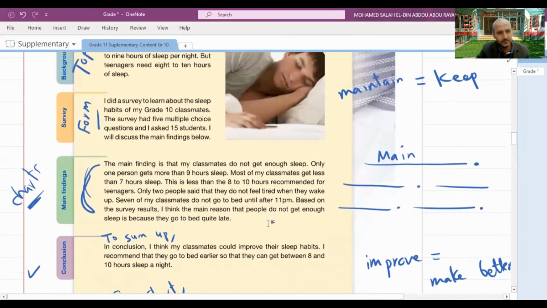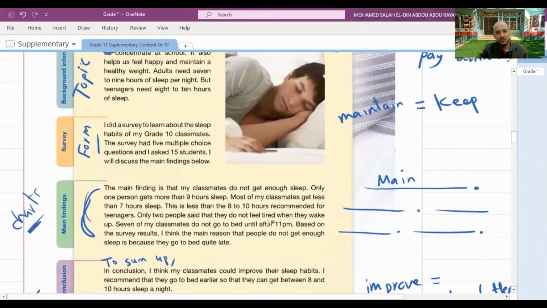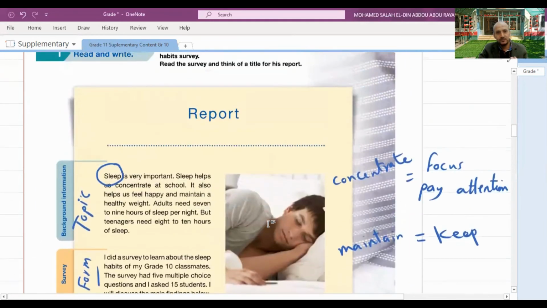Okay, students, this is a very important thing, the report frame, the report layout. First we do the survey, we make our questions, we choose our multiple choice answers. From the answers, we start to write our report.